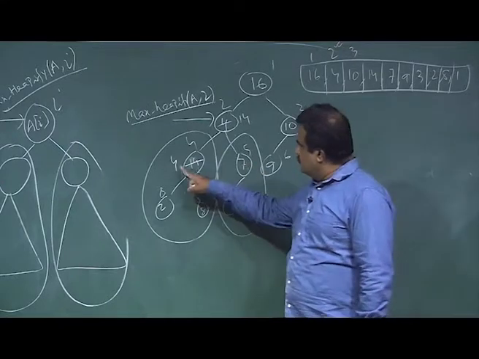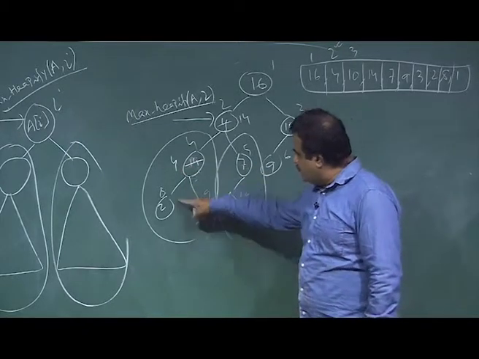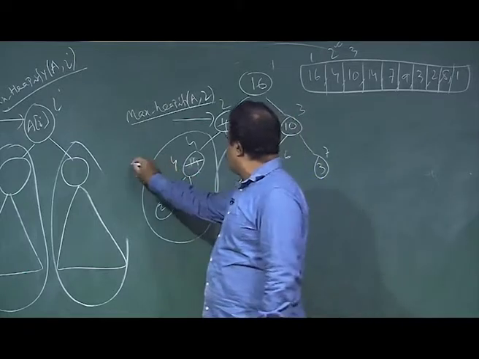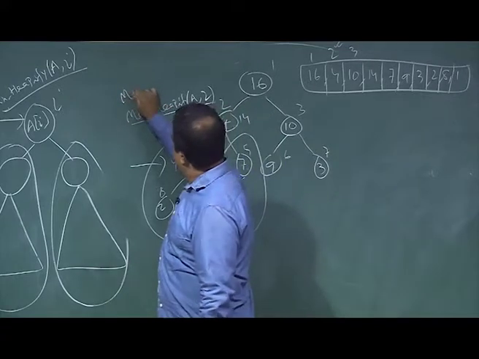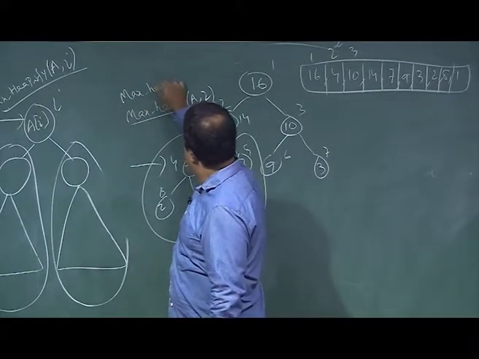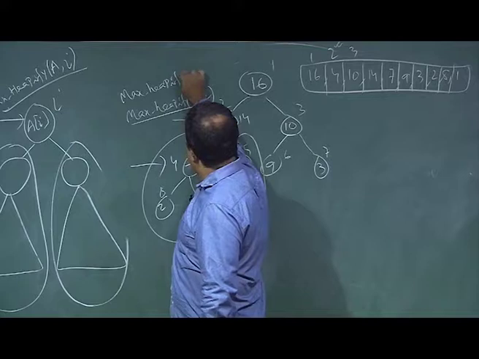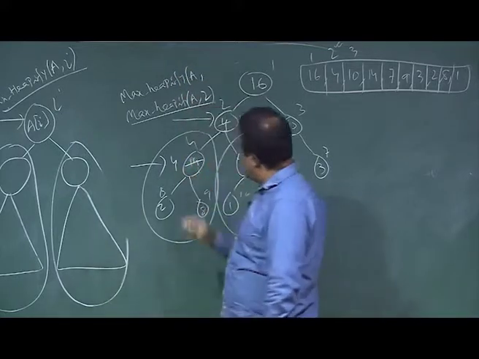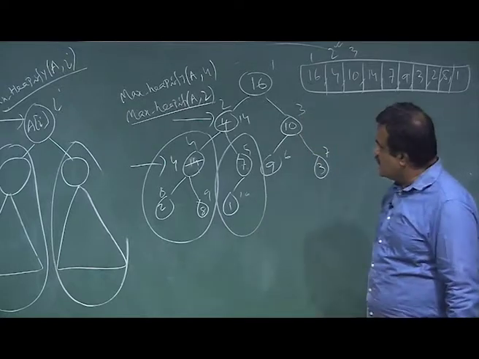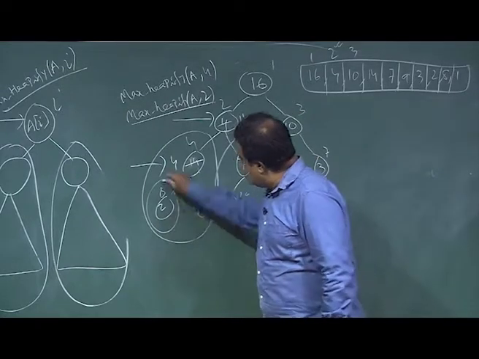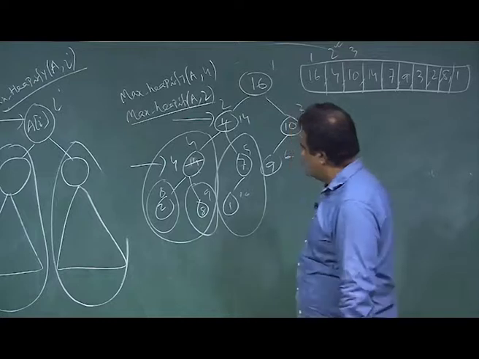Now, once we put this 4, then it may violate. So, again we have to call the maxify over here. It may violate, and where is it going? It is going to 4. We call the maxify at the point 4. Now, again we check, this is already maxified, this is already maxified.